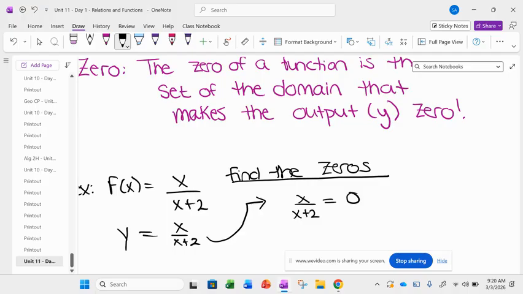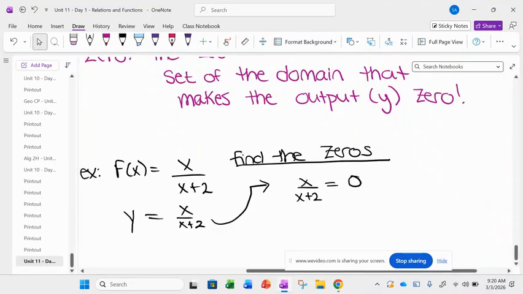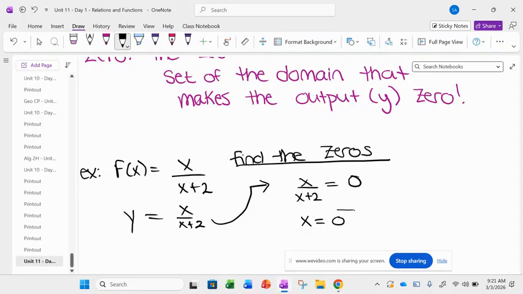And what am I going to do? Solve for x. Now, can I ever have the denominator be 0? I can never have the denominator be 0. So we cross multiply, we get x equals 0. And isn't that all we have? I don't have to worry about that denominator because I don't want it to be 0. So essentially, when I'm giving you a function, in order for us to find the zeros, do I care about the denominator equals 0?